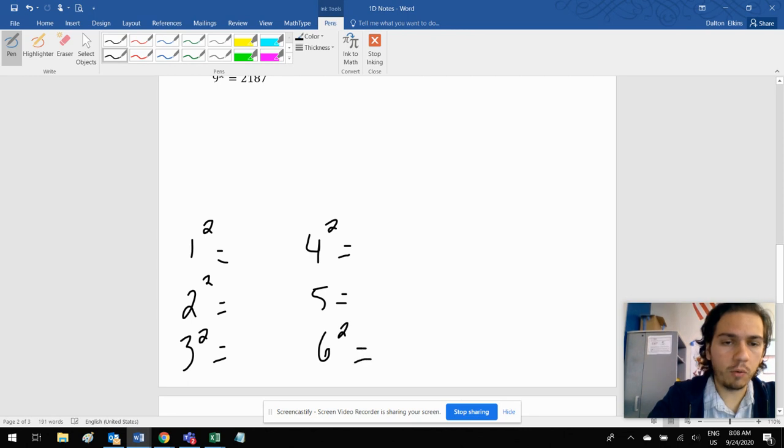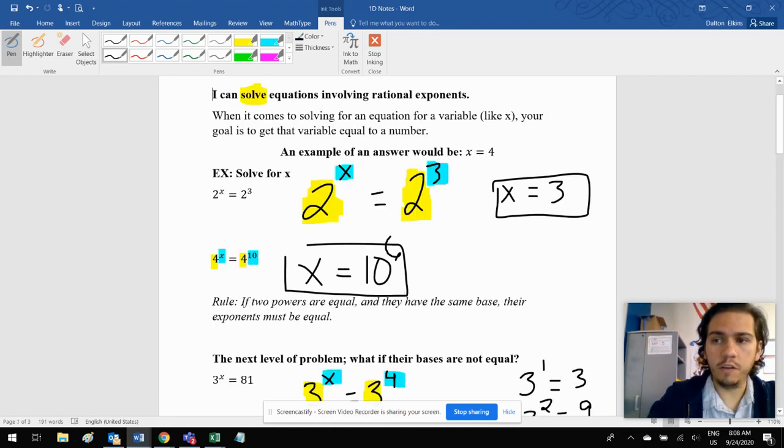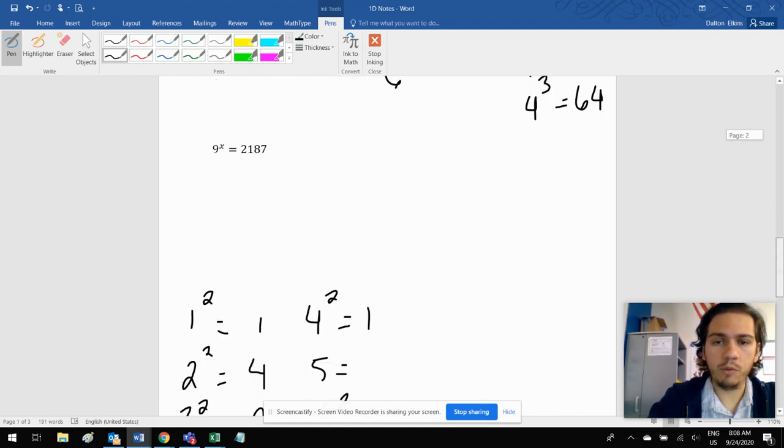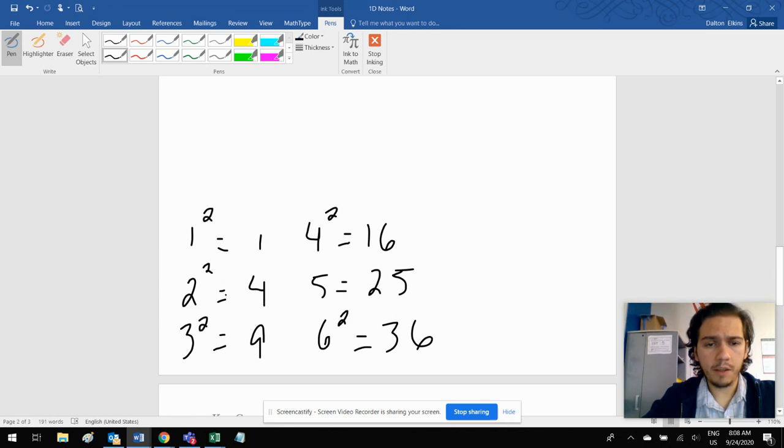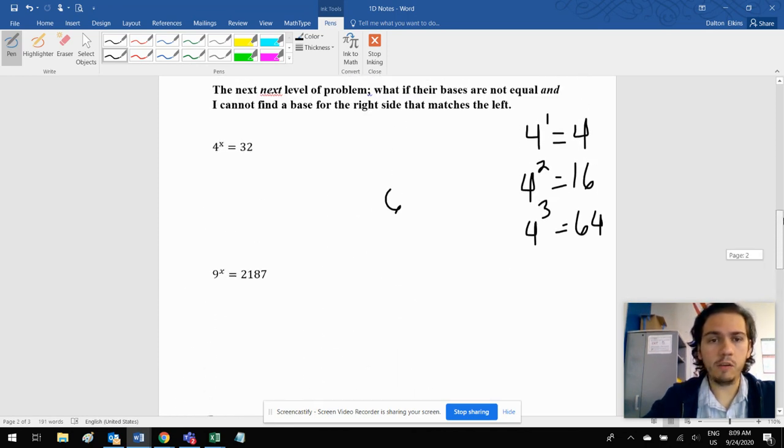It's really important that you recognize these numbers, that they stand out as special to you. These are your perfect square numbers, and knowing 1 through 10 to the second power helps you so much in your mathematical career. So 4 can be written as 2 to the power 2. And that's going to be super helpful here.